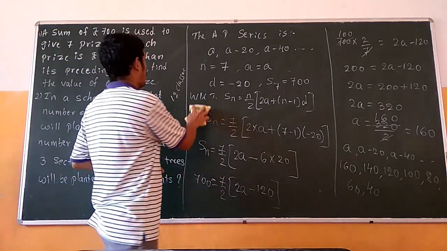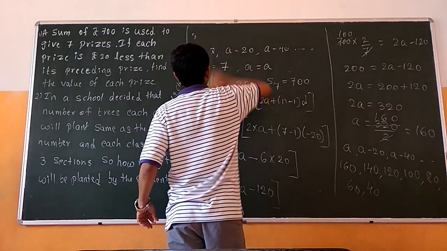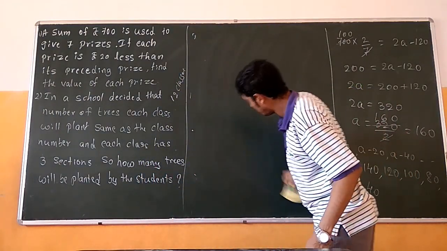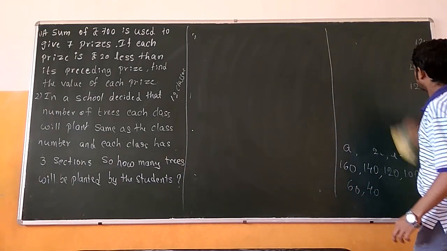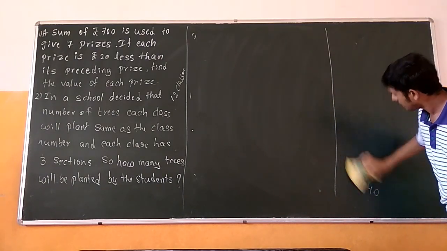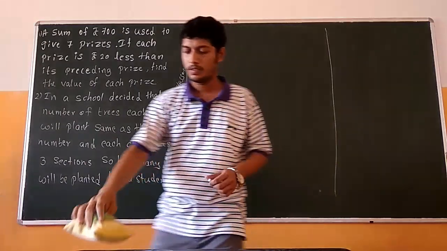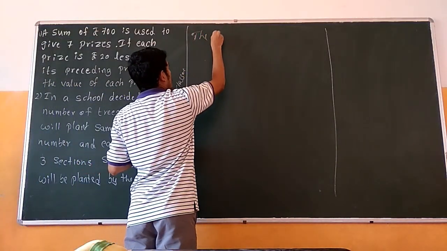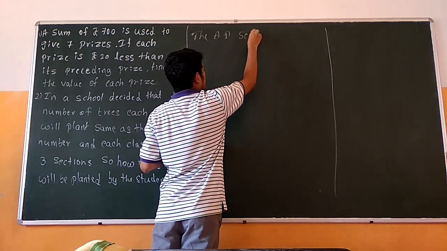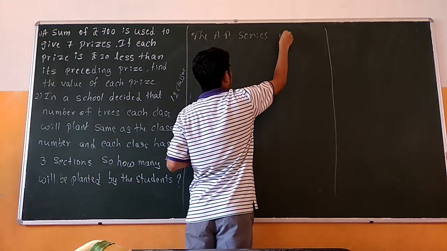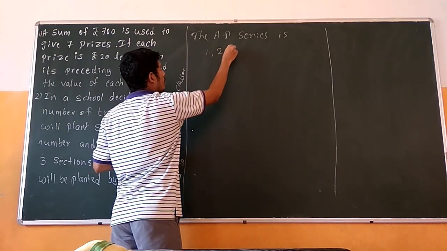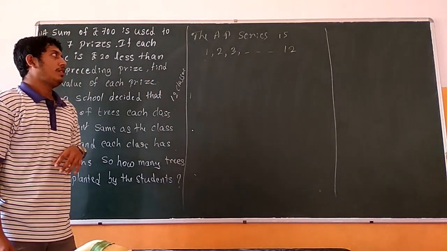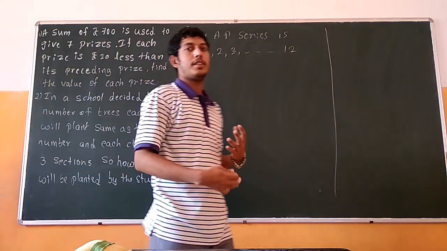So I will solve that problem here. The AP series is 1, 2, 3, and so on to 12. I will take the sections afterwards.